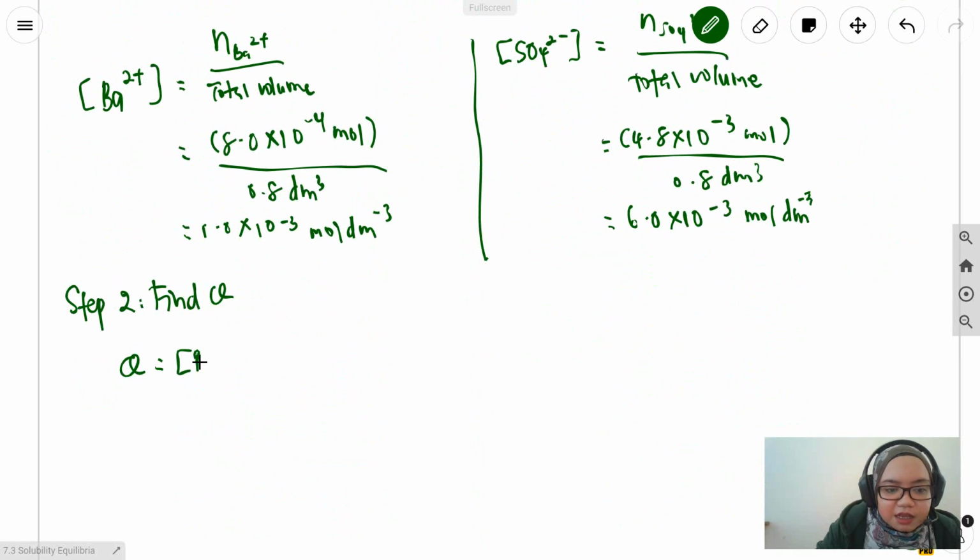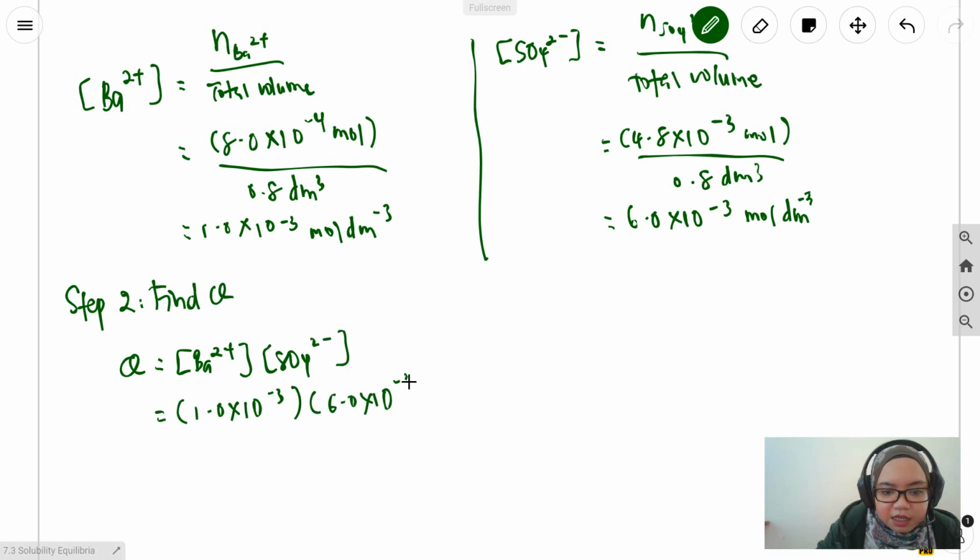Q sama dengan concentration of Ba2+ times dengan concentration of SO4 2 minus. So just masukkan je nilai dia. 1.0 times 10 negative 3 times dengan 6.0 times 10 negative 3. You will get the Q here is equals to 6.0 times 10 negative 6.